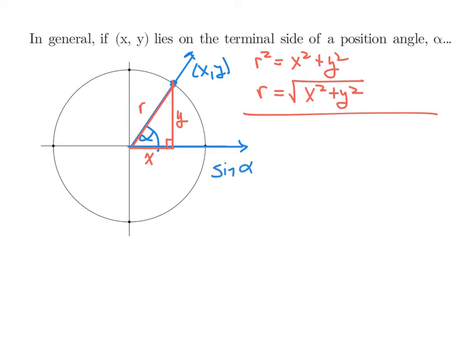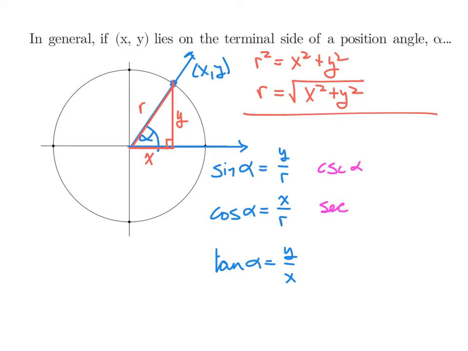Our sine of alpha is going to be the opposite over the hypotenuse, y over r. Cosine is adjacent, the x-coordinate, over whatever the radius is. And our tangent is opposite over adjacent, or y over x. And of course, the cosecant, secant, and cotangent are going to be the reciprocals of these 3 fractions. So r over y, r over x, and x over y.